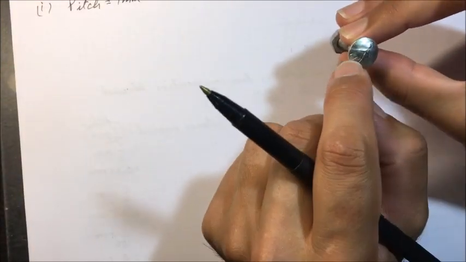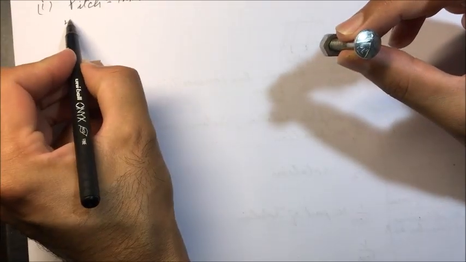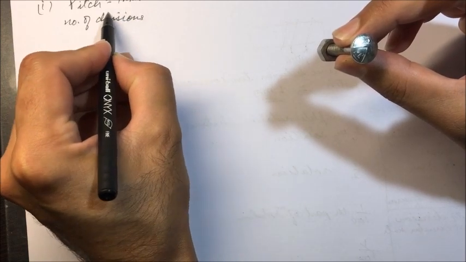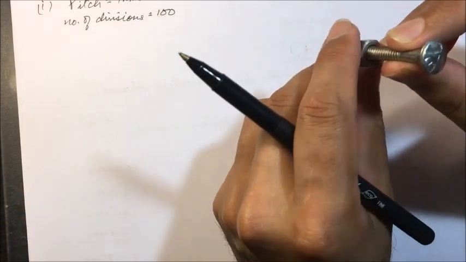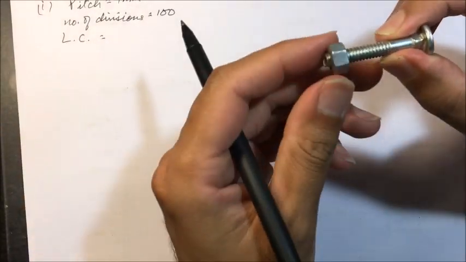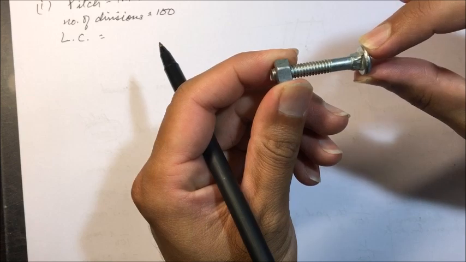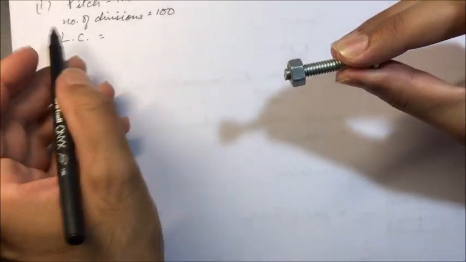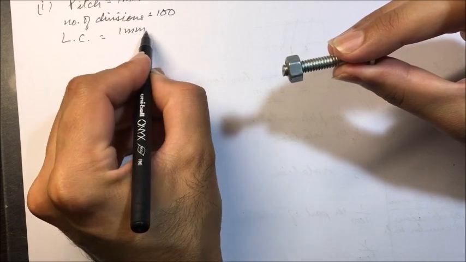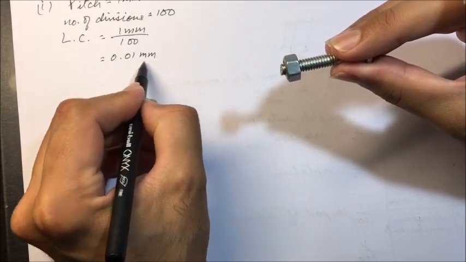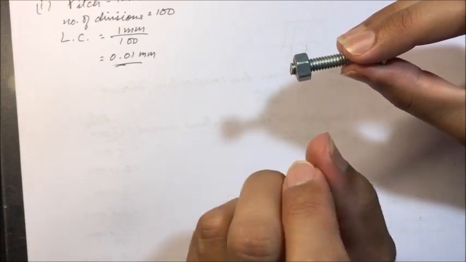And if there are 100 divisions on it, so number of divisions equals 100, we have to calculate the least count. That is, if you rotate it by just one division, how much distance has it moved linearly along the axis. Least count will be pitch divided by 100, and it will be 0.01 mm.